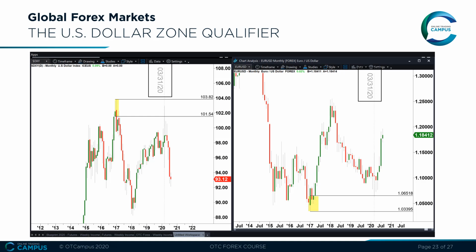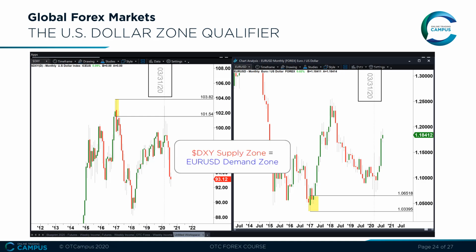This is what is called an inverse or negative correlation, basically meaning that these two products or markets move the opposite. If the US dollar goes down, the Euro USD goes up, and vice versa. There is a long-term consistent relationship between the two.